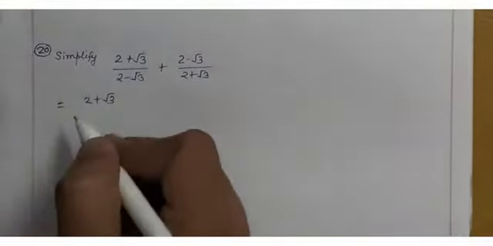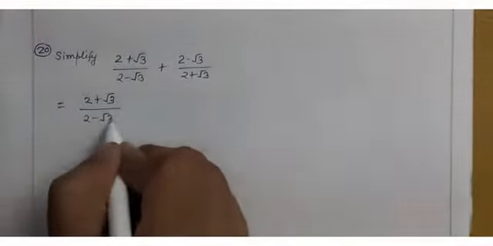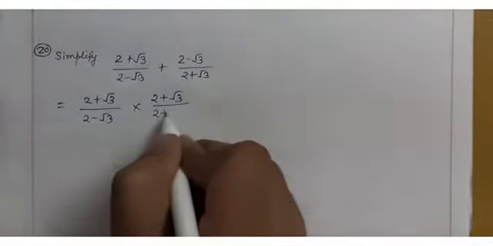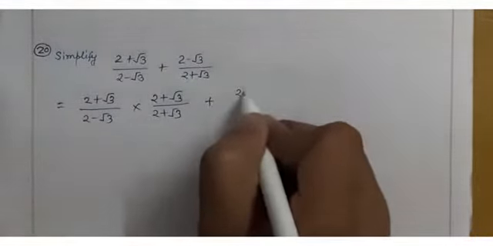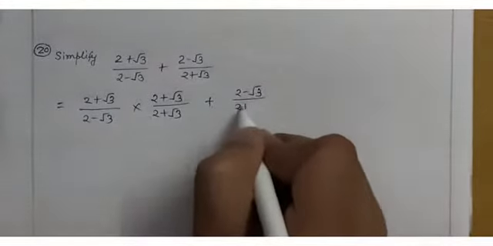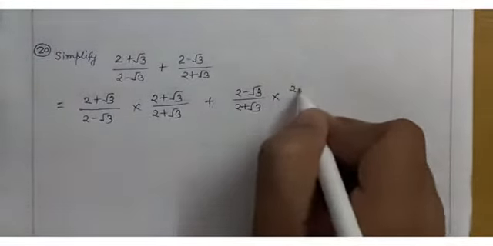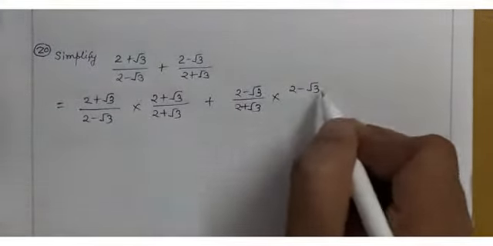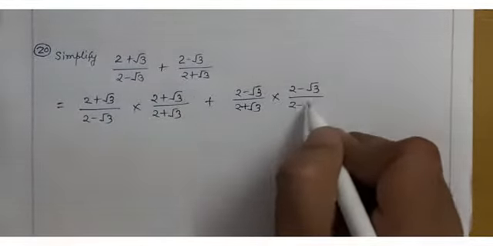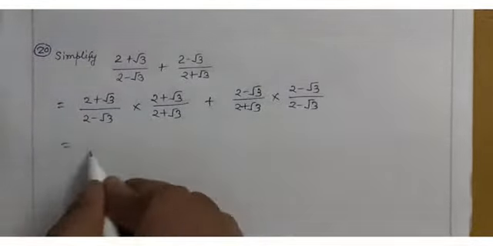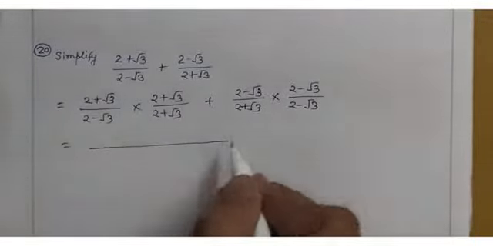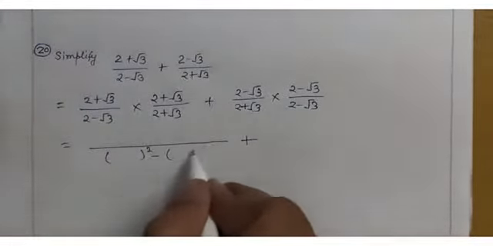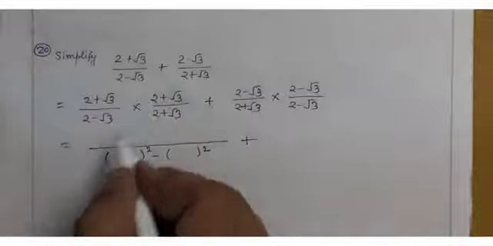For 2 plus root 3 upon 2 minus root 3, you have to multiply and divide by its rationalizing factor, 2 plus root 3. For 2 minus root 3 upon 2 plus root 3, the rationalizing factor is 2 minus root 3. In the numerator this is a plus b whole square, and in the denominator a plus b times a minus b means a square minus b square.